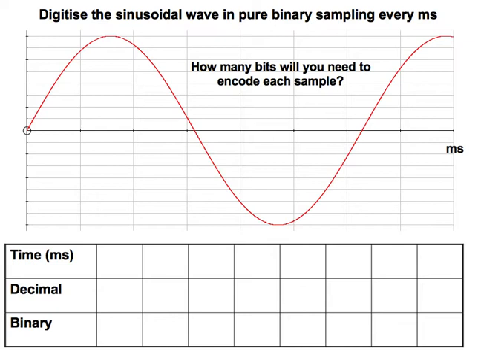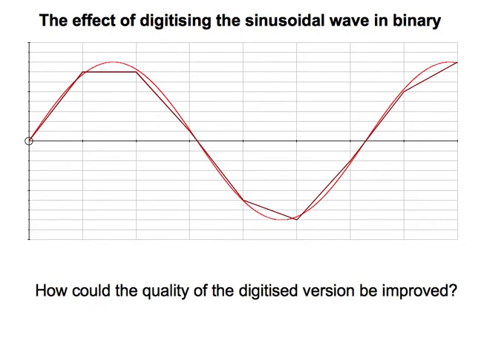Then obviously convert it to binary, and that's basically how sound is stored in a computer. There it is. You can see that the digital version is not as nice, not as clear, not as perfect as the analog wave, which is why a CD or an MP3 or anything digitized will never be as good as the real thing.